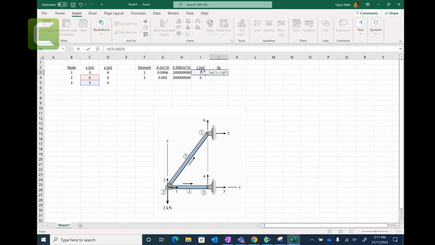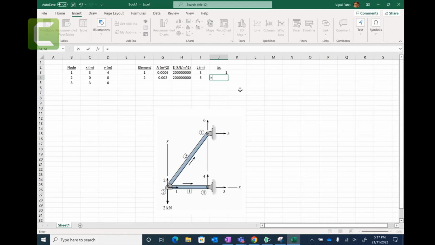Right? I can stop here. This is element number 1, and x of this 3 minus x of 2. This is far node, near node. So that's what we've done. We already did 3 minus 0 over length 3. Enter. 1. You can see in our calculation it was 1.